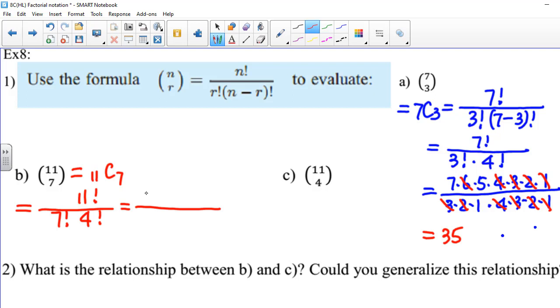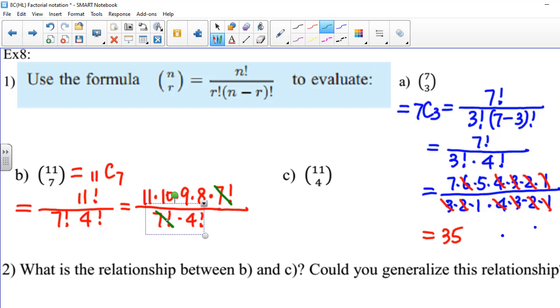But you also have another option. Based on example 6 and example 5, I can also rewrite 11 factorial as 11 times 10 times 9 times 8, but start with 7, all the way down to 1. I write down the rest of the numbers in the multiplication as 7 factorial, divided by 7 factorial times 4 factorial. The 7 factorials can be cancelled out.